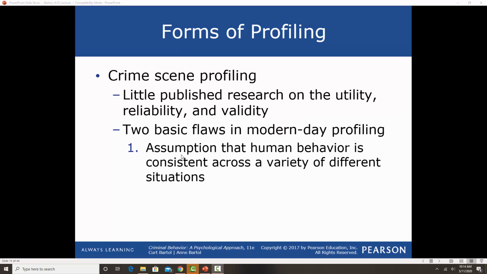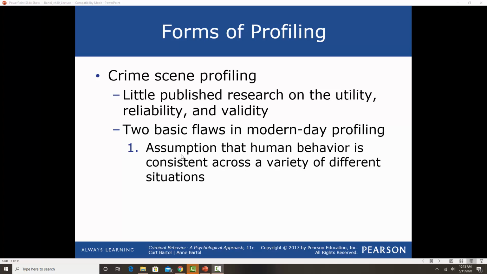Now, when it comes to crime scene profiling, some people find flaws with it. There's little published research on the utility, reliability, and validity of coming up with a profile based on the evidence that this is a white male in his mid to late 20s who has bad relationships with his mom.